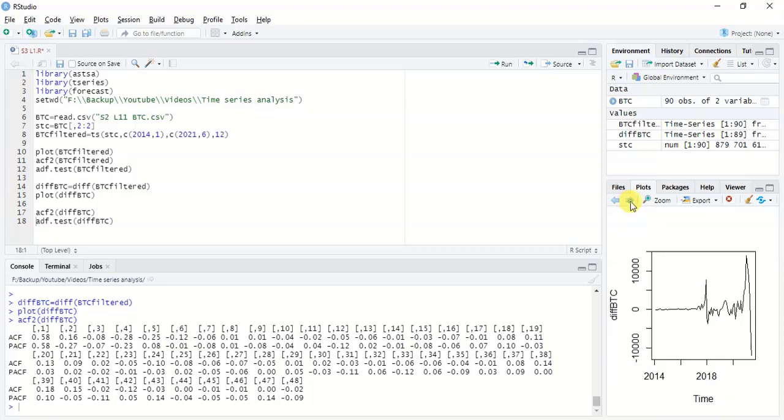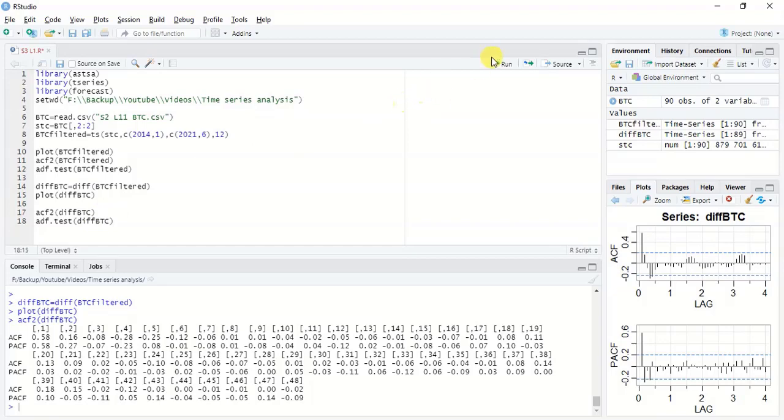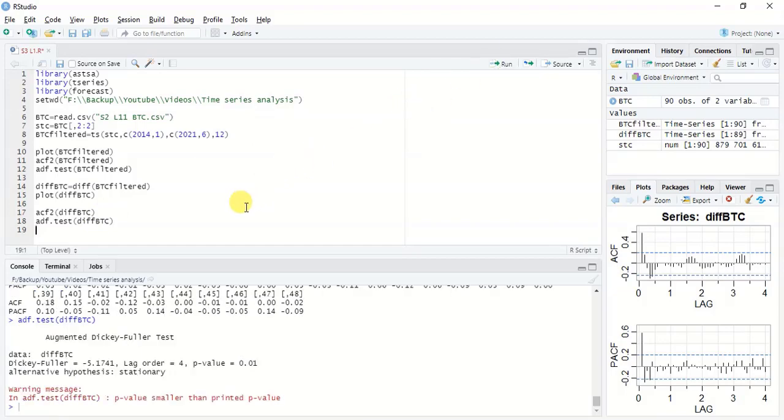Furthermore, when you conduct the ADF test, you can see now the p-value is less than 0.01. So now we can accept the alternative hypothesis, which is that the current dataset is stationary. In this way, by taking the first difference, we were able to convert the non-stationary dataset into a stationary dataset.